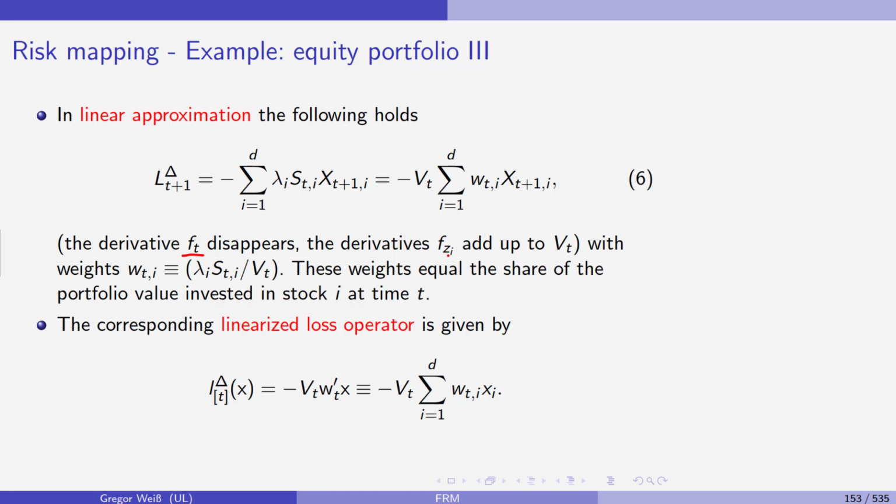The derivatives f_{z,i} all add up to V_t, and the weights are lambda_i S_t,i divided by the overall initial value of your investment, and these weights equal the share of the portfolio value invested in stock i. So what you can see is it's actually the initial portfolio value times the weighted sum of these X_i's.